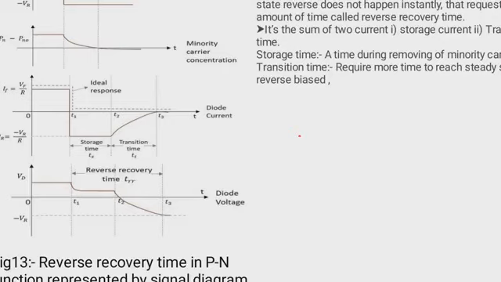Actually, the total time is divided into two portions: one is called the storage time, another one is the transition time. Storage time depends upon the excess minority carrier concentration.